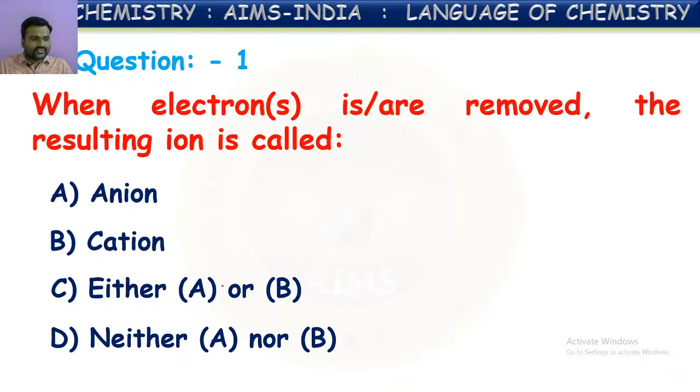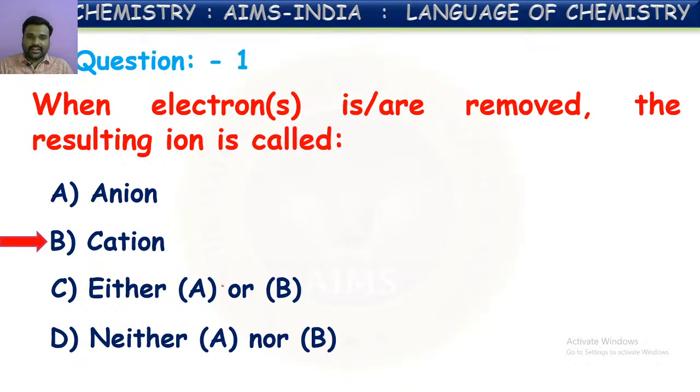Can you guess the answer for this? When one or more electrons are removed from an atom, then the resulting ion is called as. Yes, some of you have answered. Yes, you are correct here. Many of you are giving the correct answer. Right. Very good. It is a cation.